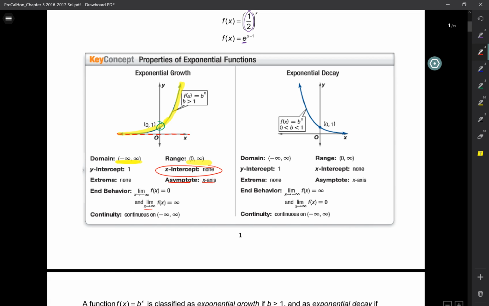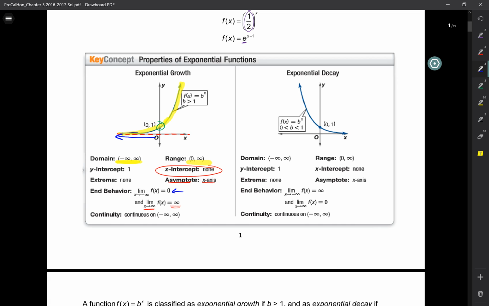Let's do the positive infinity first. As x approaches positive infinity, so as I go further and further to the right, my graph goes further and further up to positive infinity. But as I move to the left, my graph goes down and approaches a y value of 0.